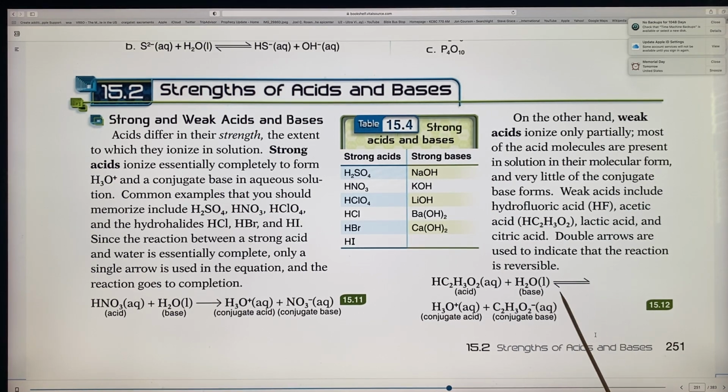It's equalizing out, but not going to completion. So we have the acid and its conjugate base, and the base and its conjugate acid, but they're not going to completion. Just think, strong means to complete. If you're really strong, you complete the job, and the weak doesn't complete the job.